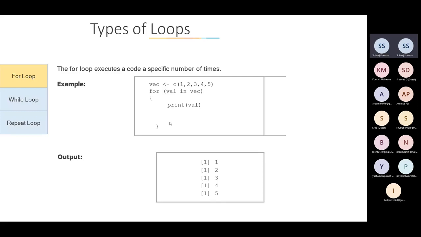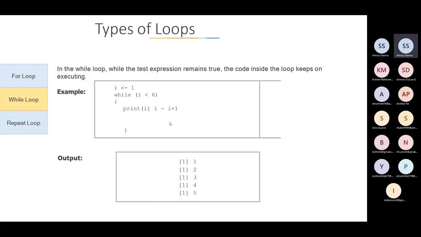Now moving ahead, the while loop runs while the test expression remains true. We saw that the for loop runs for a particular number of iterations. But the while loop is used when you want to test the expression on the basis of true and false.